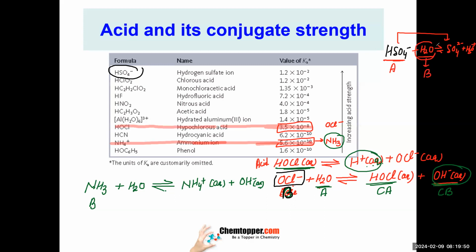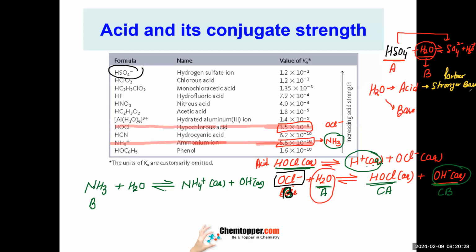So in reactions, water can behave, in fact, everyone, but now we are working with water. So water can behave like an acid. It can behave like a base. It depends on the partner. If the partner is stronger base, then it will start behaving like an acid. Partner means what you added in water.